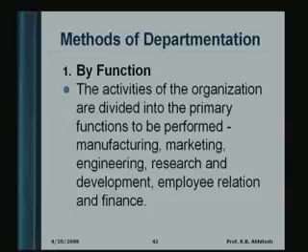Departments can be created, as we talked about earlier, based on the functions of the organization. The activities of the organization are divided into primary functions, and the primary functions are manufacturing or operations, marketing, engineering, research and development, employee relations, human resource management, and finance. These become the primary functional departments, and within those functional departments you can have several sub-functions.